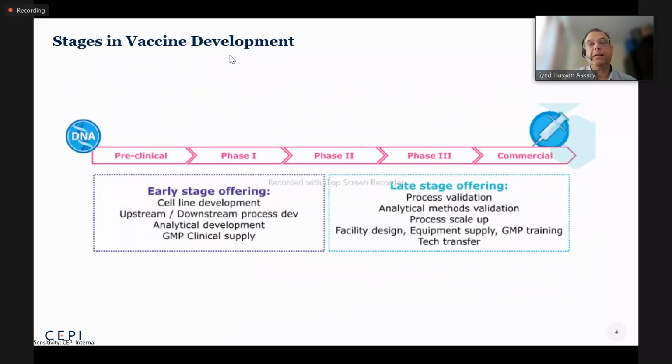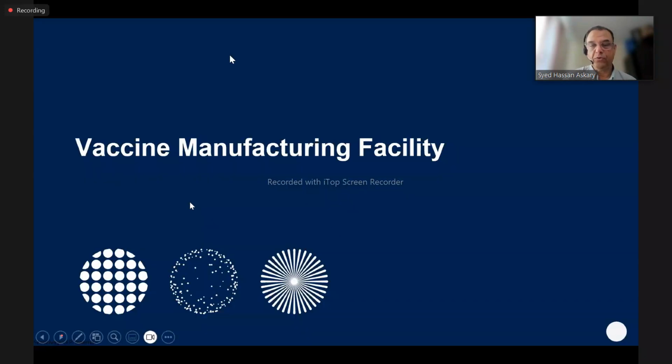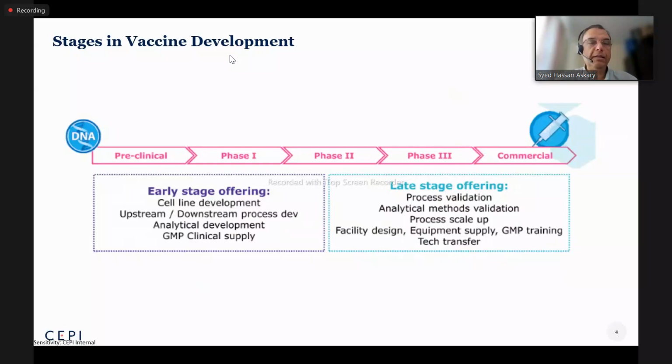So let's start with stages in vaccine development, as you all know, and we have seen this in that comparison slide between COVID, fast tracked and the regular stream process timelines. There are different stages in vaccine, starting from before preclinical. There's a development research stage.